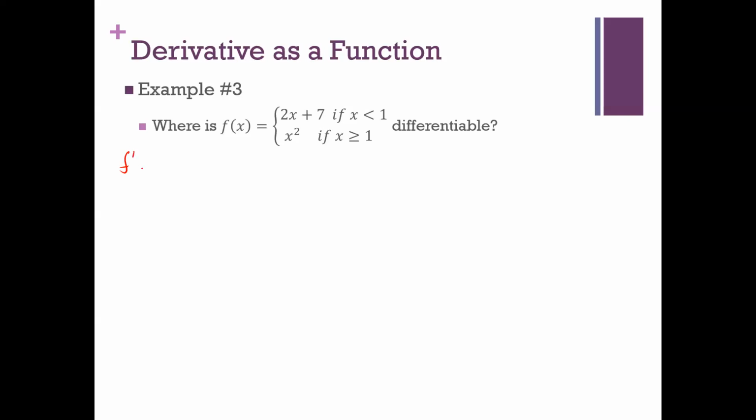So I'm looking for f prime of 1, which means I'm looking at this limit. The limit as h approaches 0 of f of 1 plus h minus f of 1 all over h.